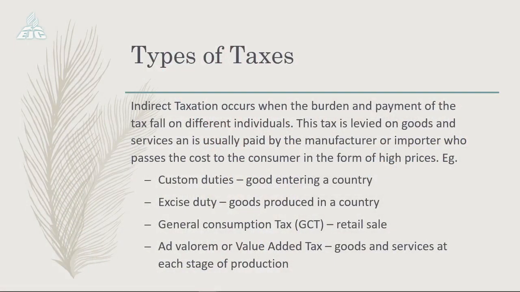Good? The other type of indirect tax, as I was explaining earlier, is the General Consumption Tax, GCT, and that is charged on retail sales. So once you go to the supermarket, you go to the wholesale, you go to the corner shop, you won't see it on your bill because you would not necessarily get a receipt from the corner shop.